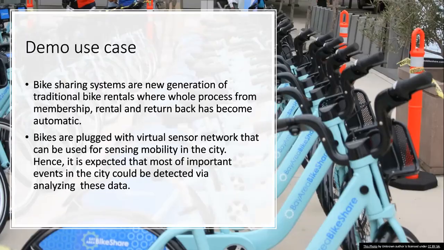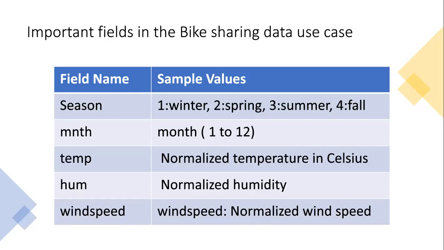There are some sensors plugged in these bikes to get the weather conditions, right? And some of the important fields this bike is capturing is something called season, whether it is winter, spring, summer, or fall. Like if you are taking a bike out in the month of May or something, it records it as summer season and all that. And it is also capturing the month starting from January to December.